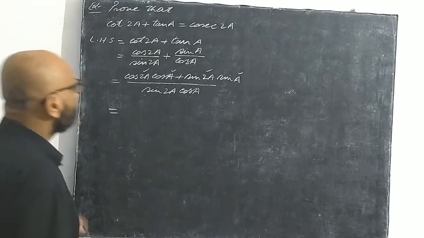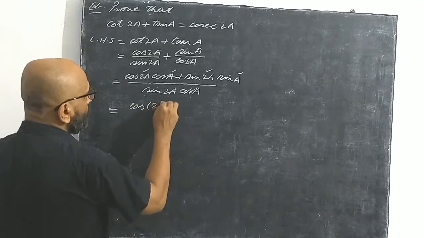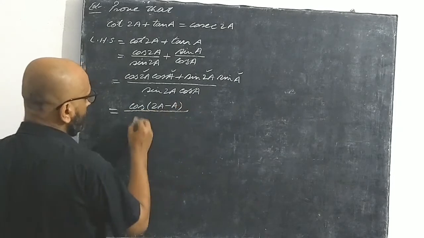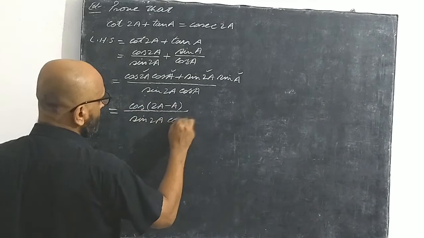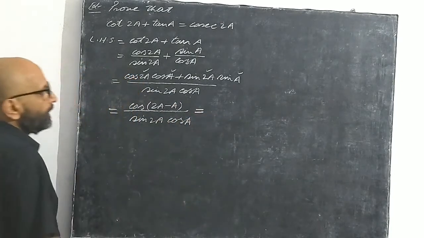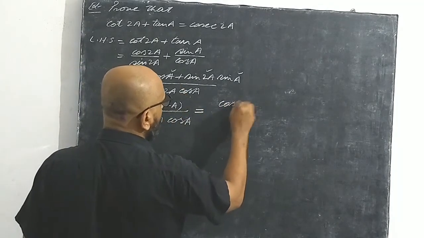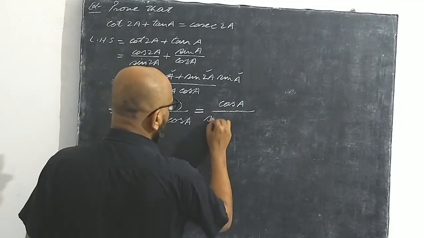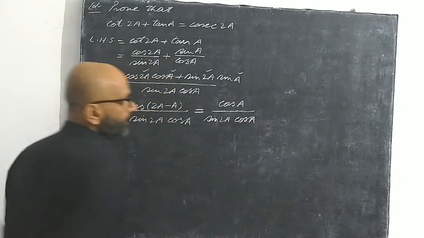As you know, cos A cos B plus sin A sin B is equal to cos A minus B. Using that formula we may write it as cos 2A minus A upon sin 2A into cos A. That's equal to, as you know, 2A minus A, so we are left with cos A in the numerator and sin 2A into cos A in the denominator.